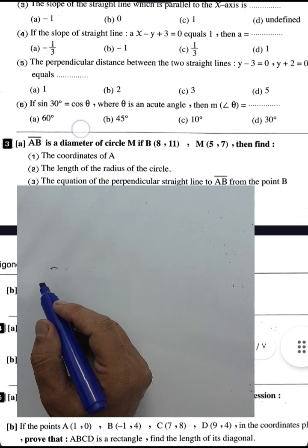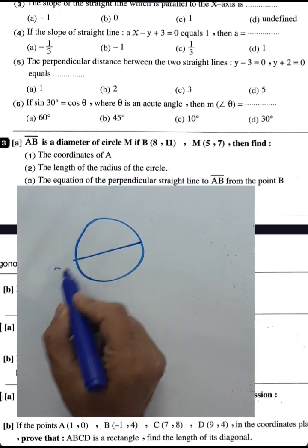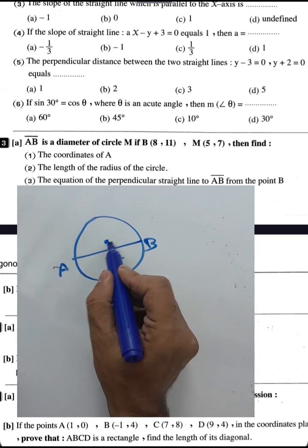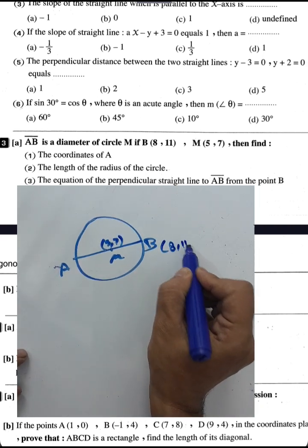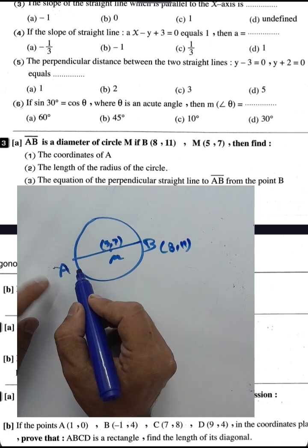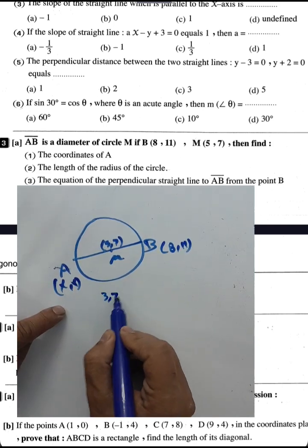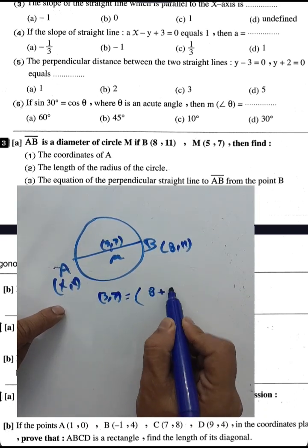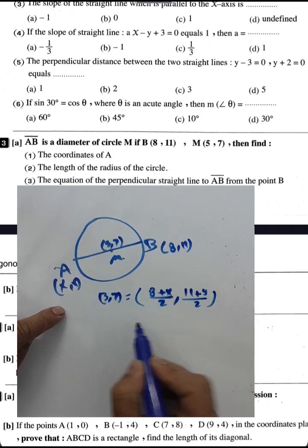Next example, question number 3. AB is a diameter of a circle with center M (5, 7). B is (8, 11), and we want to find the coordinates of A. M lies in the middle between A and B. We can write (8 plus x) over 2 and (11 plus y) over 2.